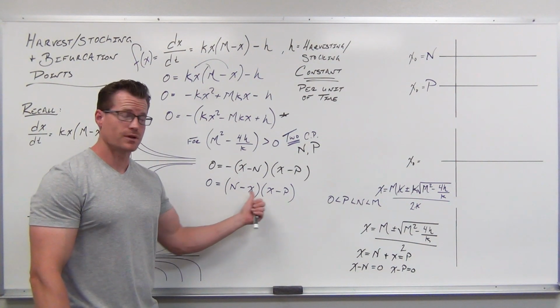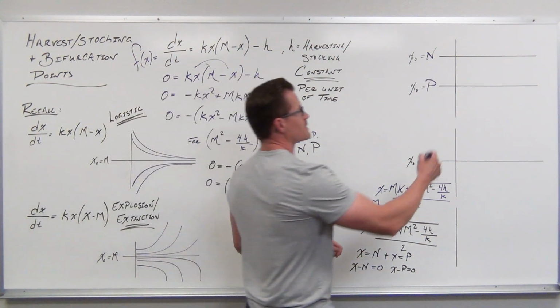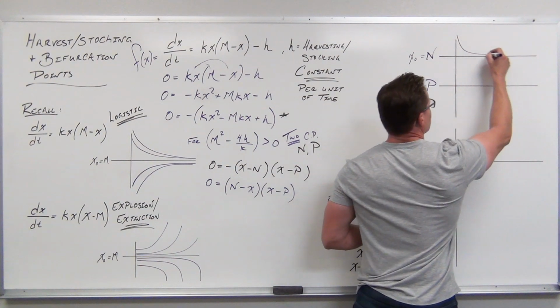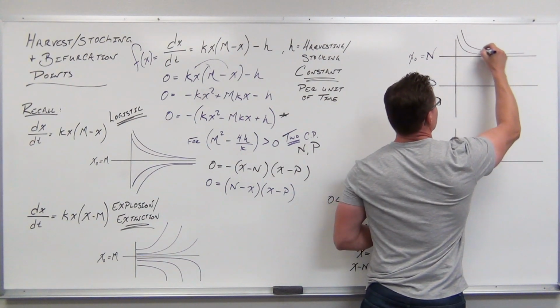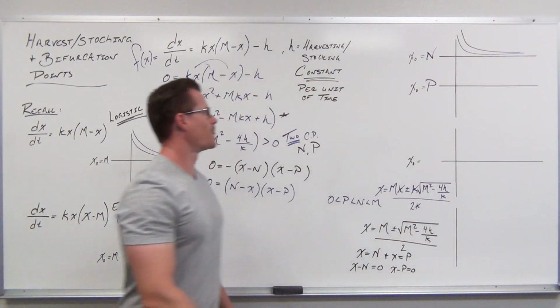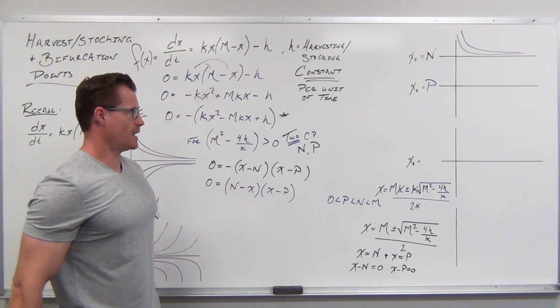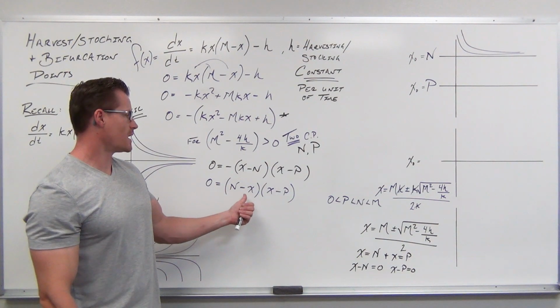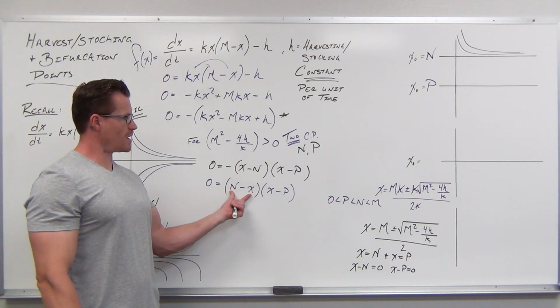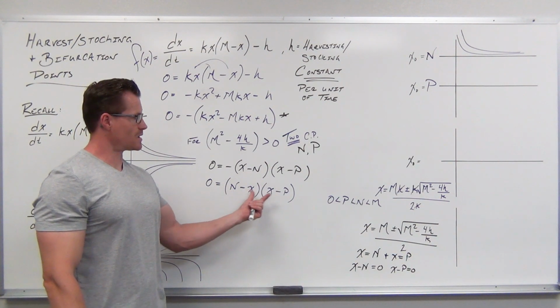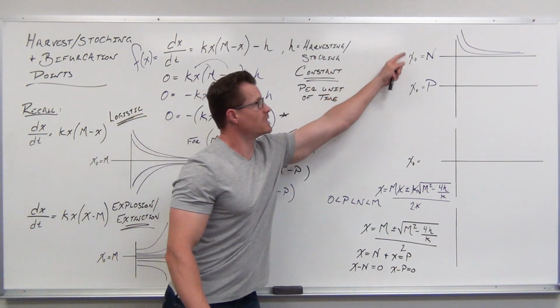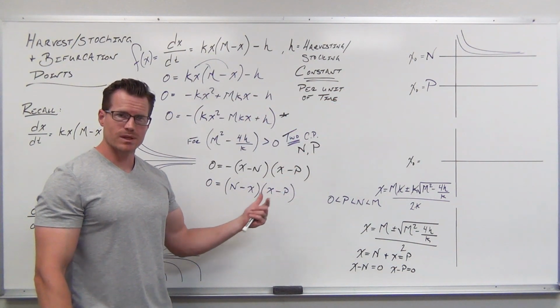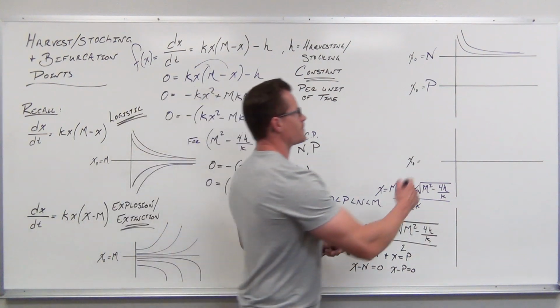This would be positive. Negative times a positive says we would be decreasing. How about between n and p? If x sub 0 is less than n, this right here is positive. If x sub 0 is greater than p, so between here, then this is positive. We get something that is increasing.